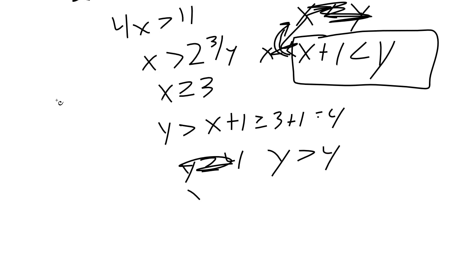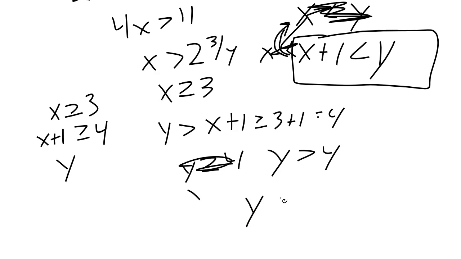So I've got a triangle with sides x at least 3, x plus 1 at least 4, and y. We weren't told that y was an integer, but x and x plus 1 are integers, and the perimeter of the triangle is 13, an integer, so I've got 3 numbers that have to add up to an integer. So I can conclude that y also is an integer, and if y is an integer greater than 4, then y is at least 5.